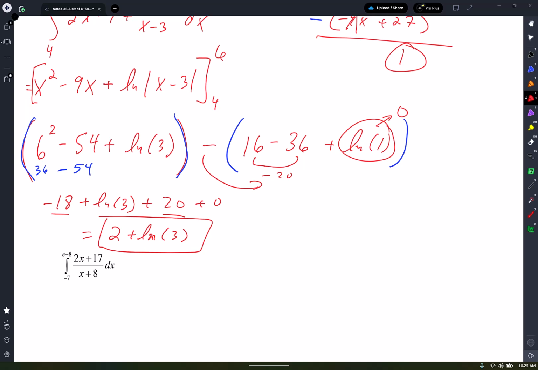What's up? This one? Oh, ln of 1 is 0. Why did I distribute one negative? Oh, because it's this minus this. This was already negative 20, so I distributed the negative to that negative 20 to make it positive 20. But she's asking like you put positive 0, but it should have been negative 0.